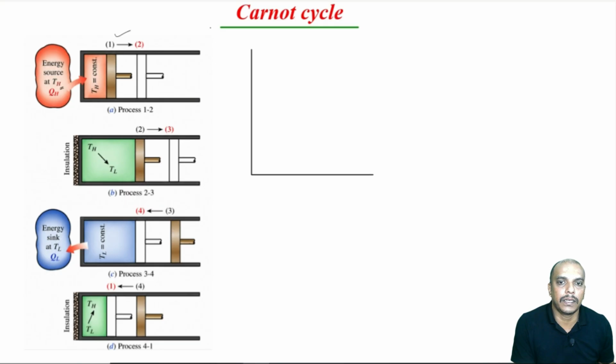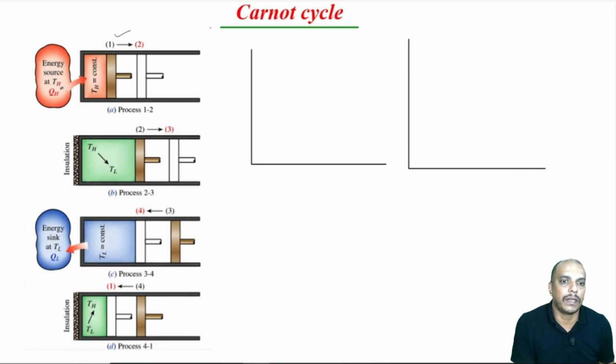So, let me write the PV as well as the TS diagram. So, this is our pressure versus volume diagram and temperature versus entropy diagram for a Carnot cycle. Now, let us say we are adding the heat at constant temperature.